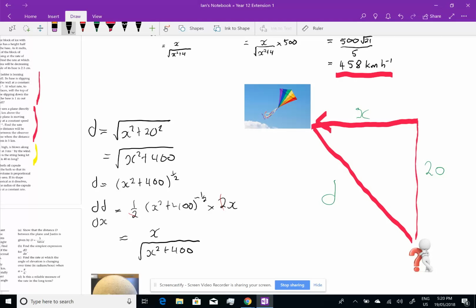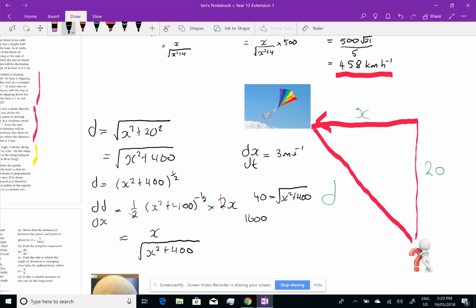Okay, so we've got dD/dx. We know that dx/dt is 3 metres per second. It's the only difference, we've got different units now. We also need to find out when D is 40, what x is. So 40 equals the square root of x squared plus 400.